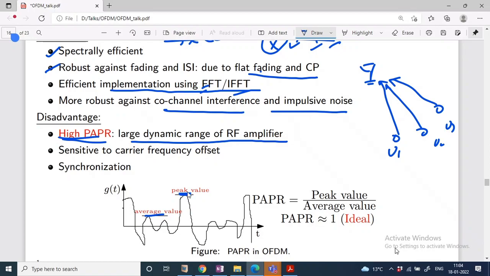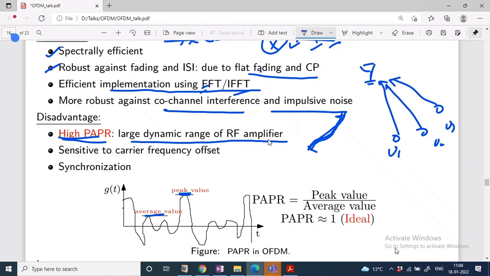Peak to average power ratio being higher means that we need an amplifier that can operate linearly over a high dynamic range. But if you remember, when an amplifier operates in the linear region, the efficiency of that power amplifier is low. So we cannot use an efficient RF amplifier or power amplifier.